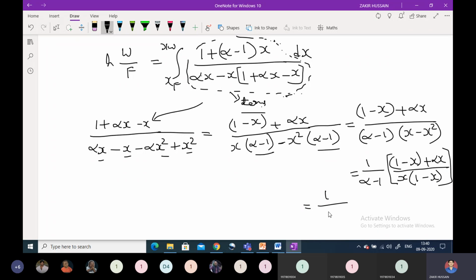So this will have an advantage. So it is equal to 1 by alpha minus 1 into, so we are dividing each term with the denominator, 1 minus x. So first term it will be 1 minus x divided by x into 1 minus x, and for the next term it is alpha x divided by x into 1 minus x. Here if you see, x and x we can cancel out. Here 1 minus x and 1 minus x can be cancelled out.